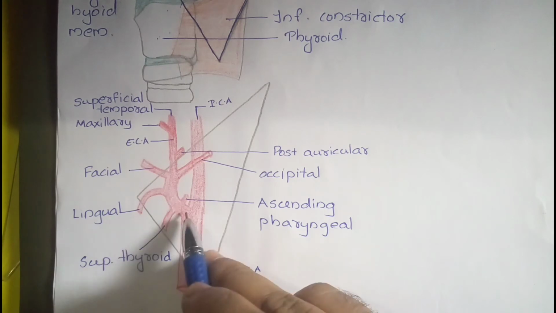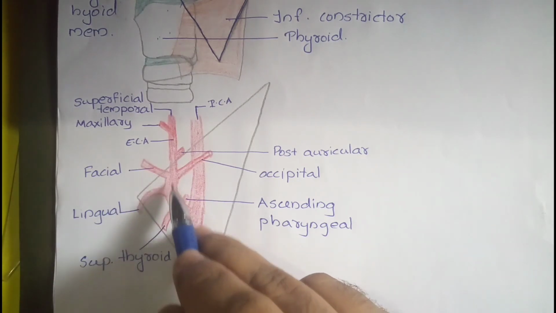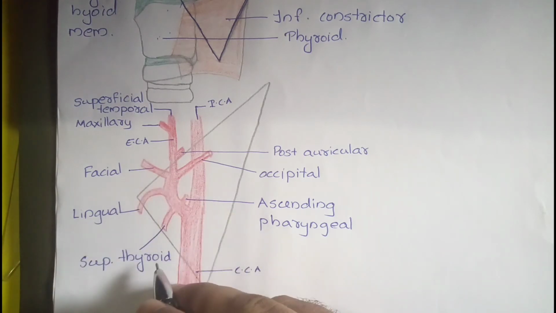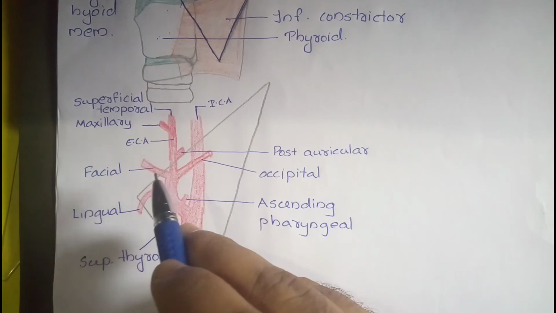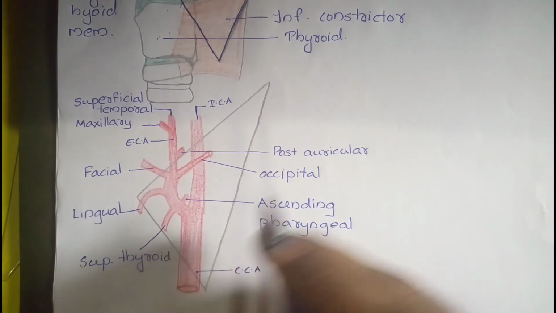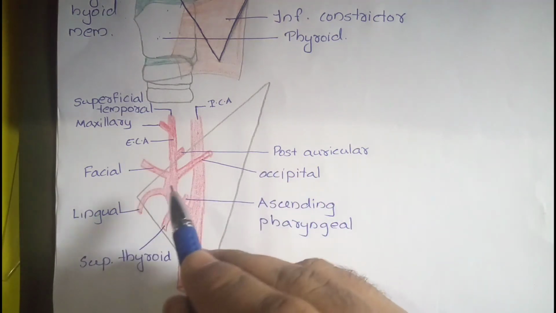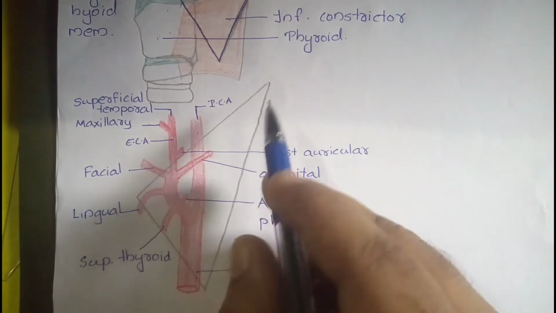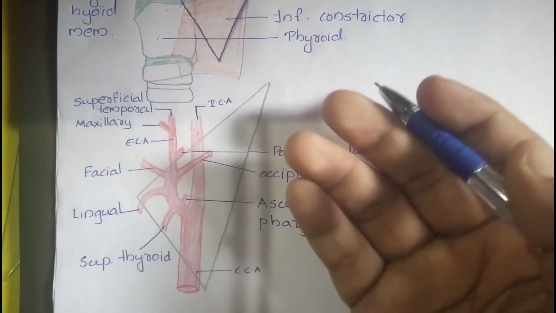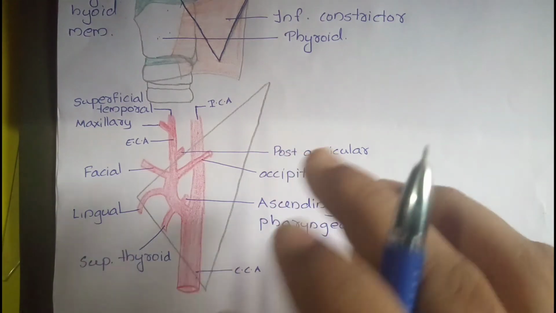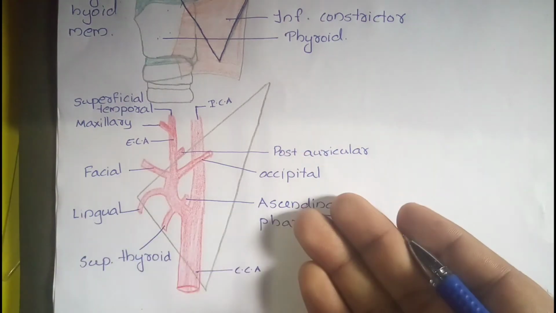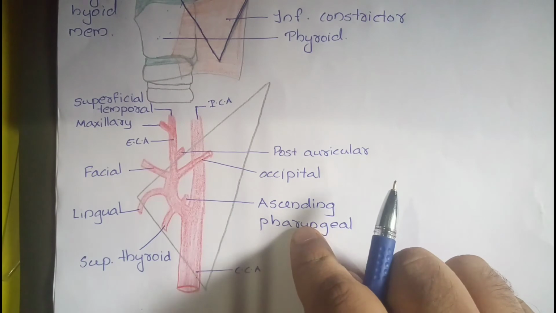Now the common carotid artery terminates into the external carotid artery and internal carotid artery. There are many branches given out by the external carotid artery, but only some branches are present in the carotid triangle. As we are discussing the carotid triangle, we are only looking into the branches given by the external carotid artery in the carotid triangle.